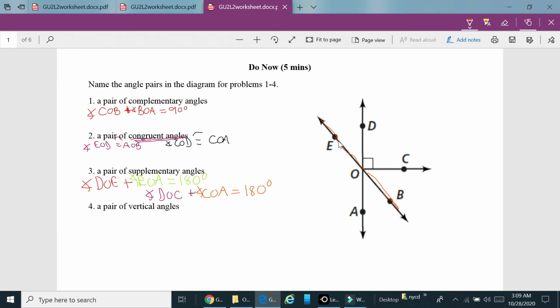So I'm going to look at EOD. Can I do that? Yeah, I can. But it's two angles that equal. No, it's not going to work. Because I'm going to end up back. So, sorry about that.